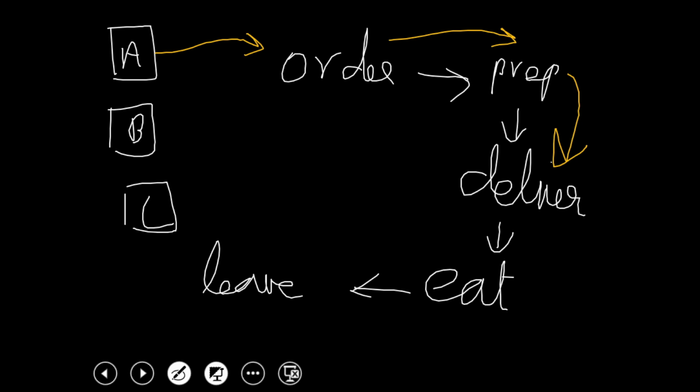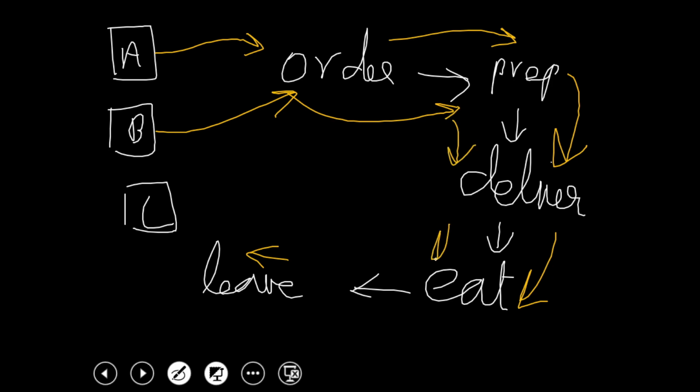After delivery, A will eat and leave. After A leaves, the waiter takes the order of B, B's order will be prepared, delivered, and eaten by B, and he leaves. Similarly it happens for C. This is what happens when there is no pipelining involved.